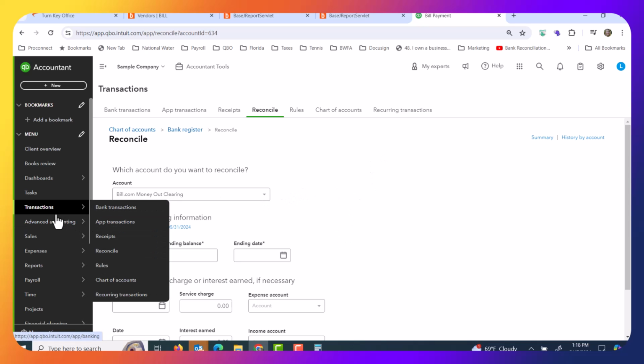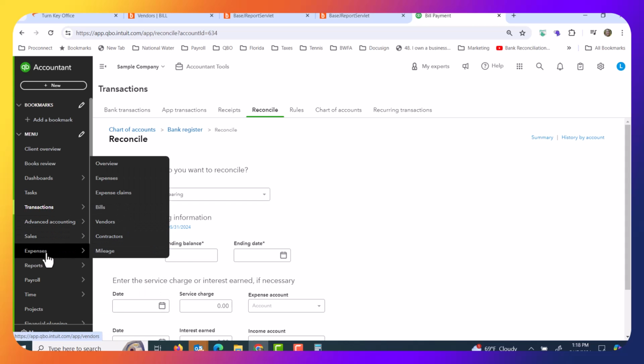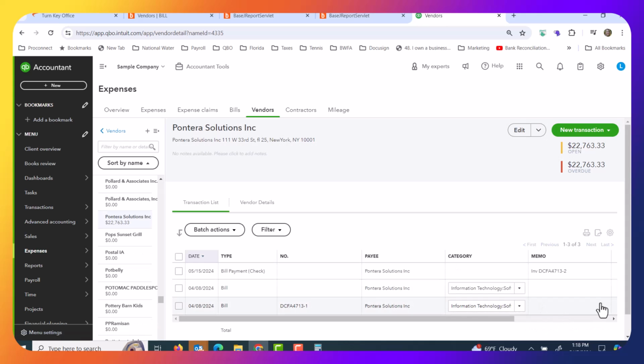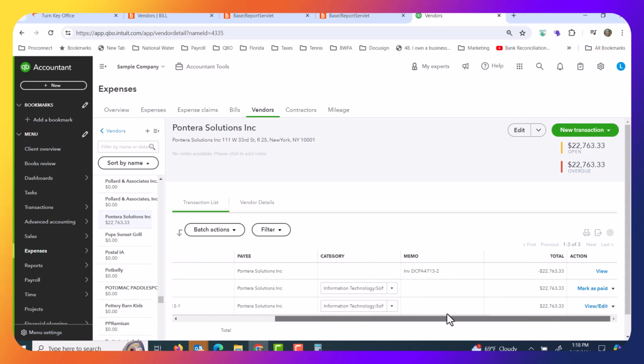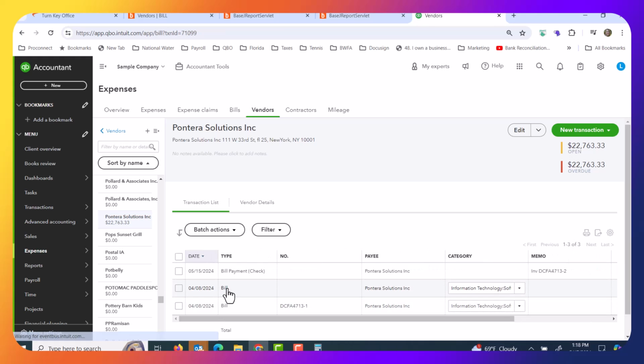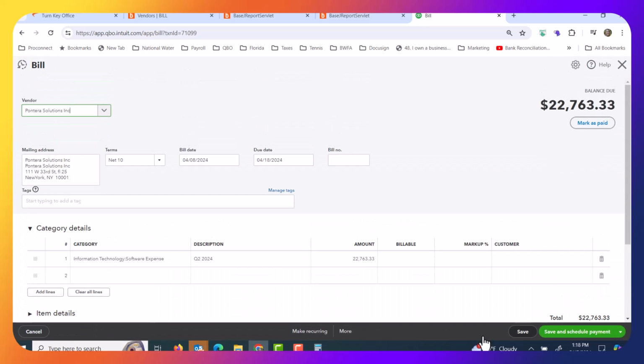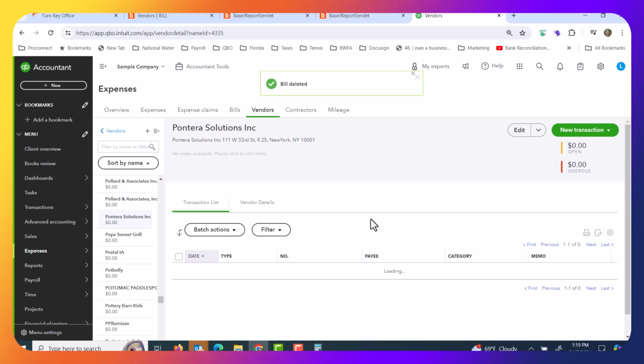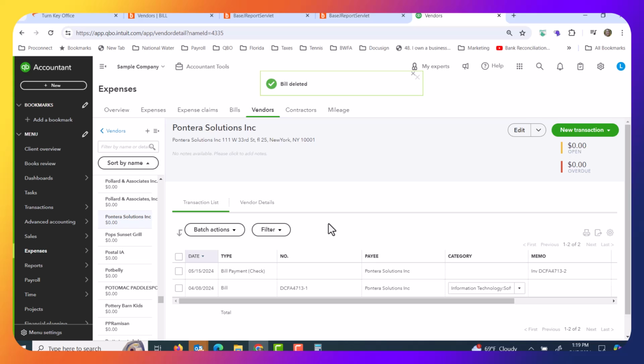We have one more thing to do. If we go back to our vendors tab, for that vendor, we know we have a duplicate bill. So we are going to delete the one that is unpaid, which is going to be this one. This can happen for a variety of reasons. Somebody posts something manually, there's a glitch error, something is posted in Bill.com twice.